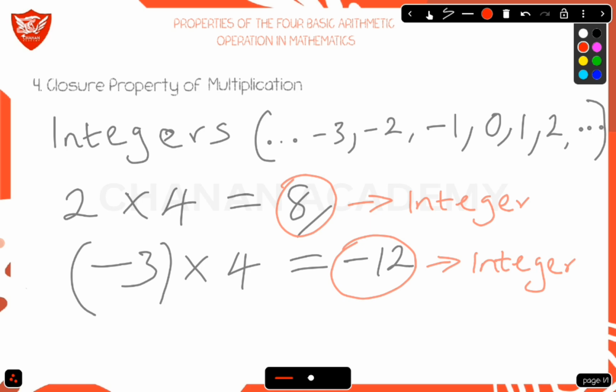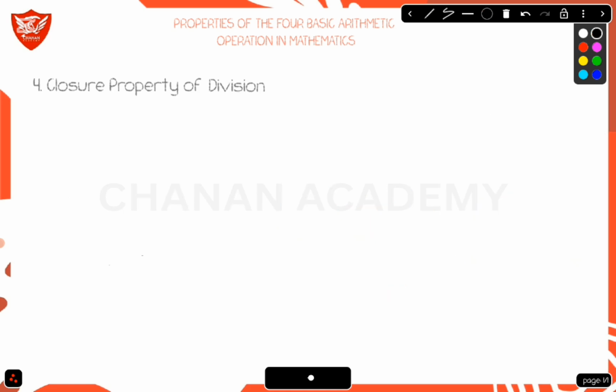I hope you understand. So next we'll be checking the closure property of division. We are going to check that under the integers. I gave you the values for integers when I was talking about multiplication, so I won't do that.